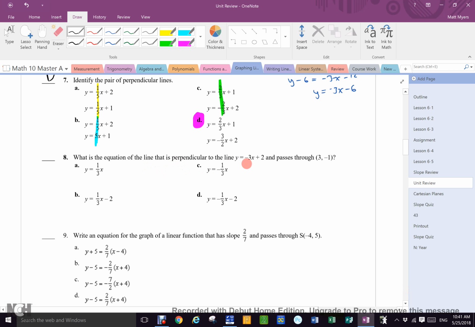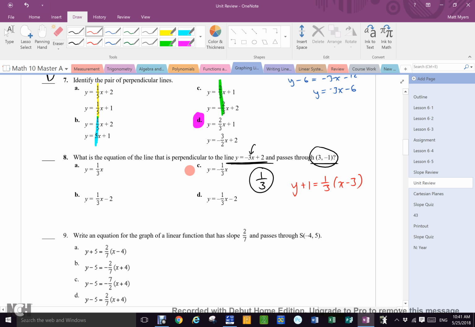I need the line perpendicular to this guy through that point. If I know it's perpendicular, what do I know about the slope? It's 1 over 3. Now, do I have a slope and a point? So what form do I use? Point slope form. Y plus 1 equals 1/3 x minus 3.